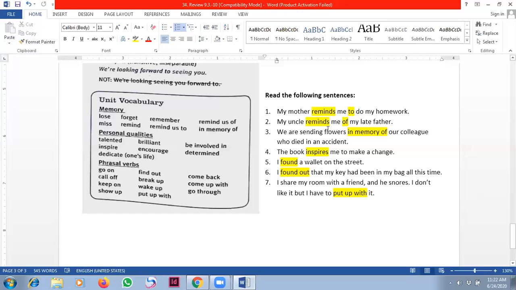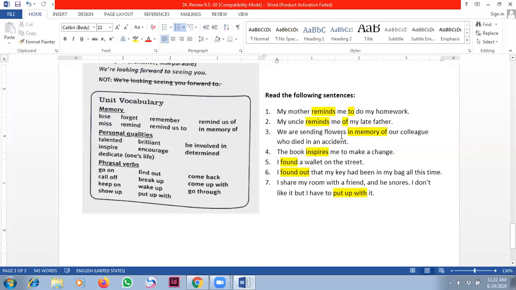My uncle reminds me of my late father. Late means already passed away. My late father means my father already passed away. So my uncle reminds me, not to here, but of. In the first one, to do. Here, of something or someone.